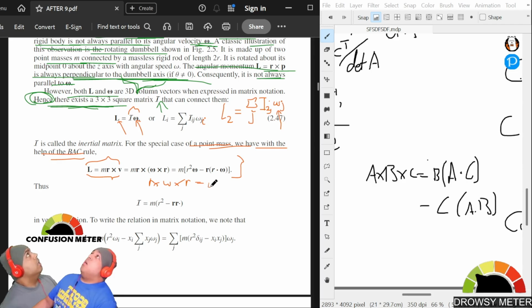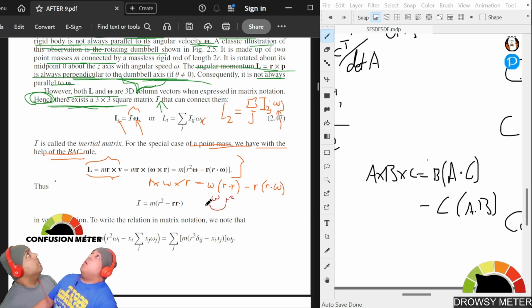So omega A dot C is R dot R minus R, R dot omega, which is R squared omega minus R dot omega.